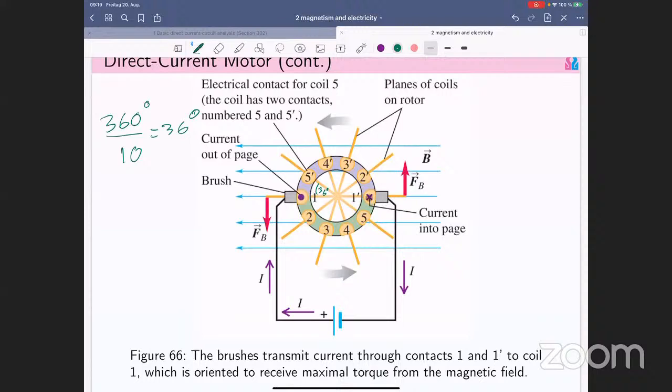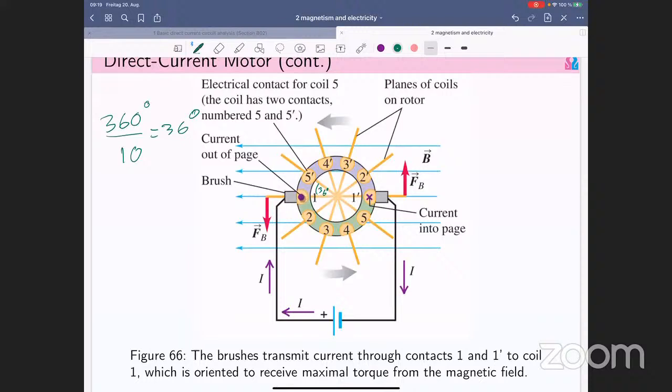Of course the magnetic field vector B, the blue one here, points from right to left, and you use the right hand rule, from L to B.